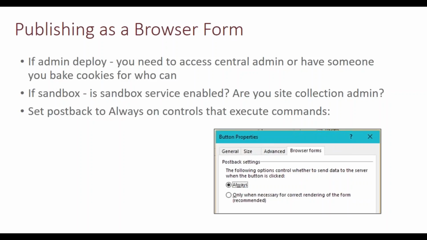Okay, so publishing as a browser form. To be extremely clear, qRules is code, and when we add code to our form, the rules change. Okay, so you've been publishing your giant 400 view massive form happily to a library for the past 6 months as you've been working on taking care of all of its functionality, and then you inject it with qRules and your form will no longer publish. This is not surprising to me.